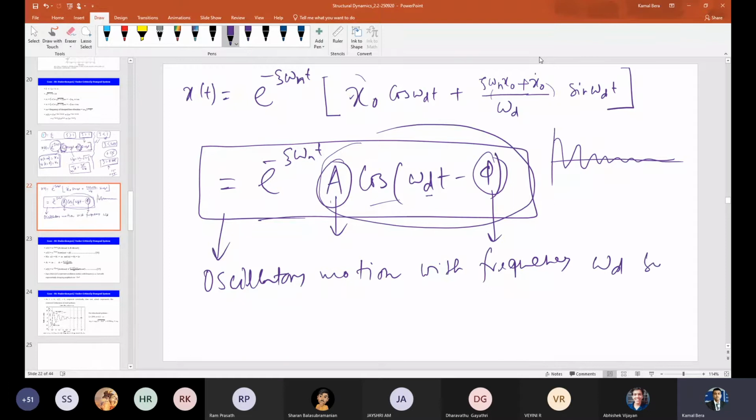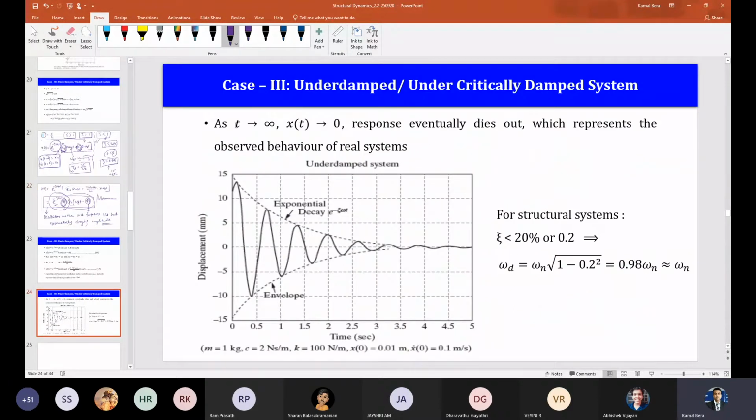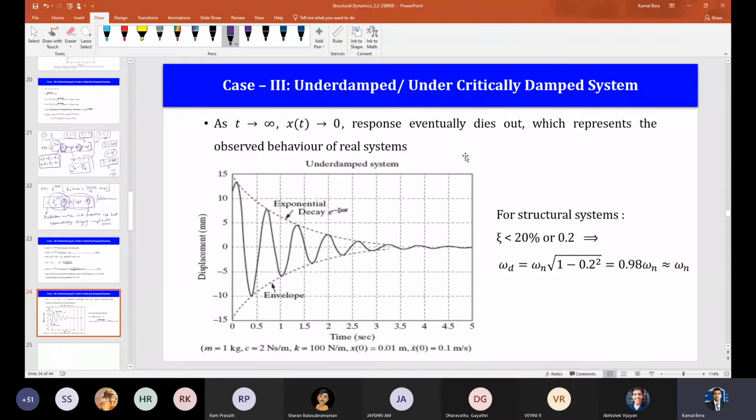But the important issue is that it is not only oscillatory, its amplitude A is decaying because of this exponential term. Got it? That's done. As t tends to infinity, x(t) becomes 0, because of the exponential term e raised to minus zeta omega n t. So it is exponentially decaying.